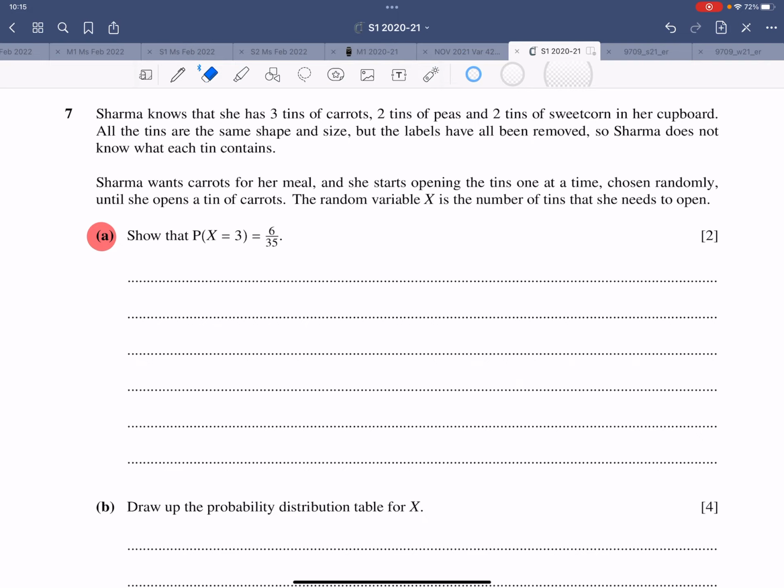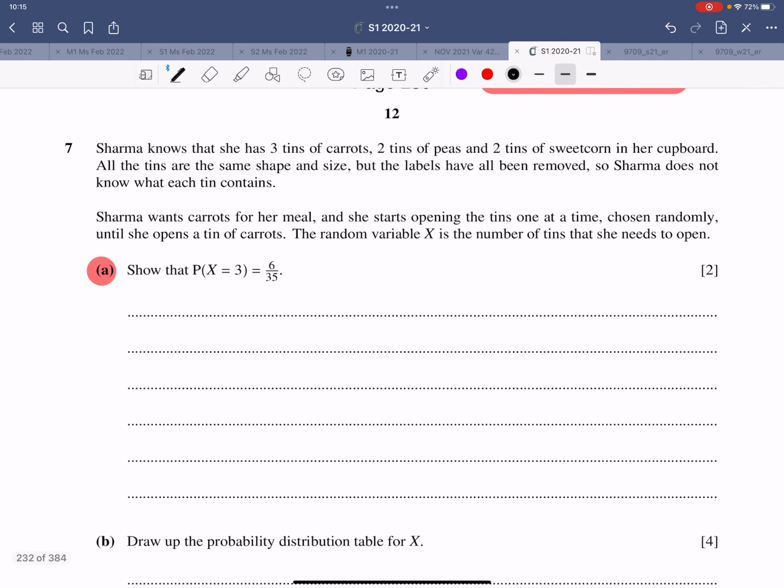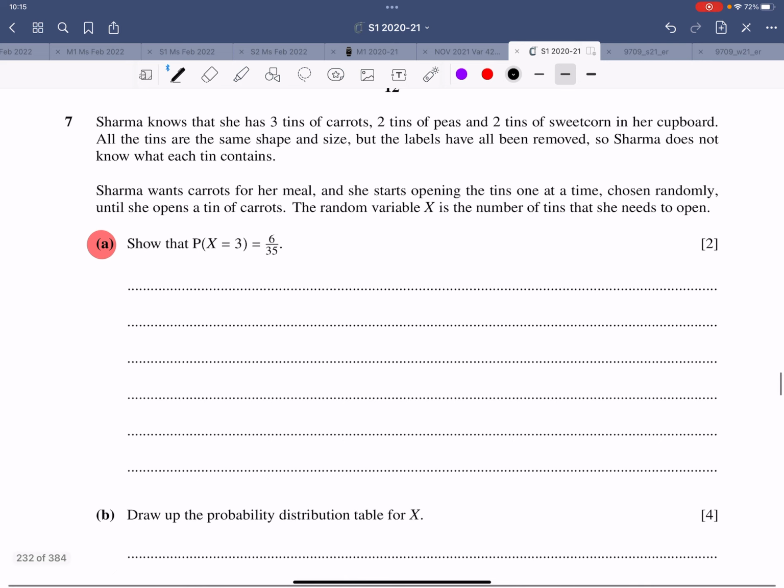So now the first thing is Sharma knows that she has 3 tins of carrots and 2 tins of peas and 2 tins of sweet corn. So there are 3 cans of carrots and 2 tins of peas and 2 tins of sweet corn. Let me write this as SW.